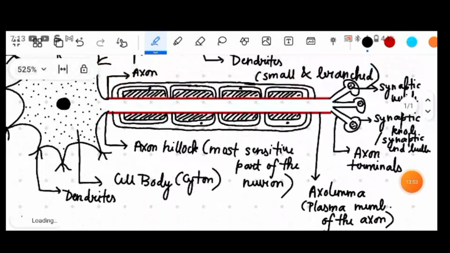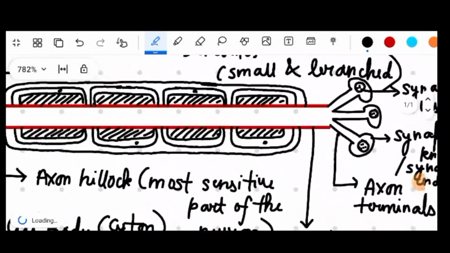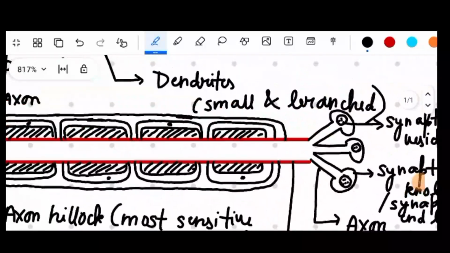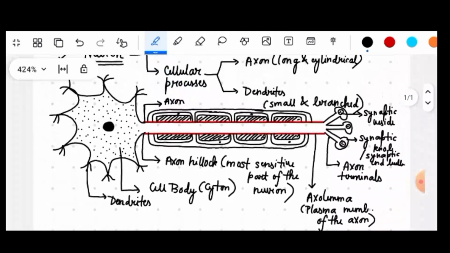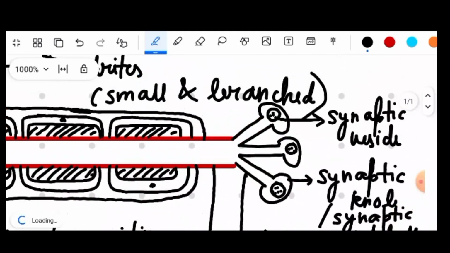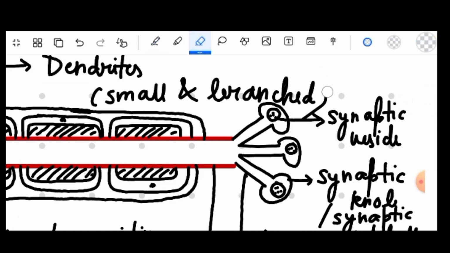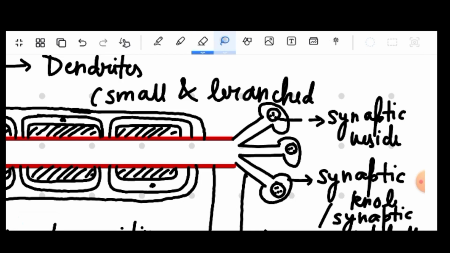Okay, let's move to the next part. Now we need to push this diagram a bit down because we lack space for the labeling part, so I'm just editing it. Let's select this.